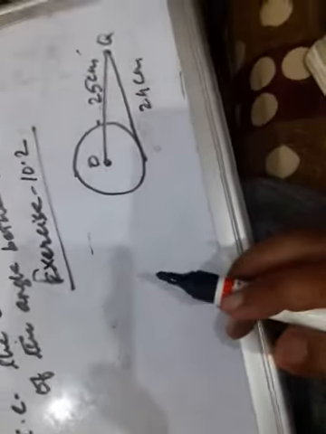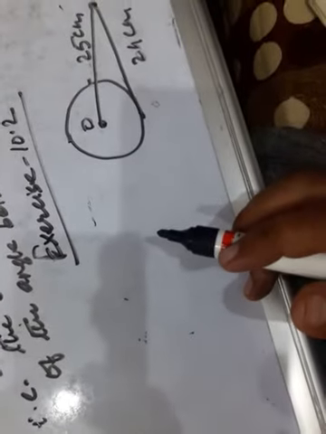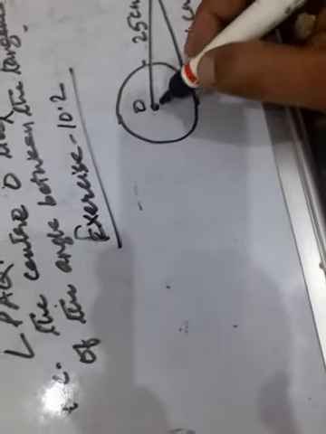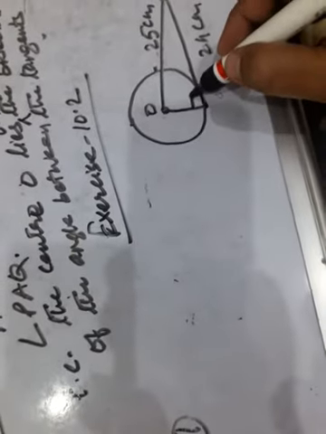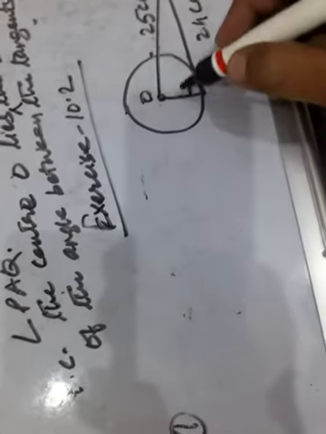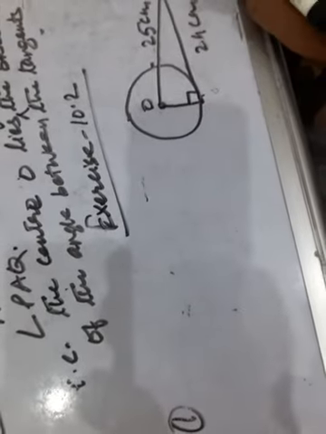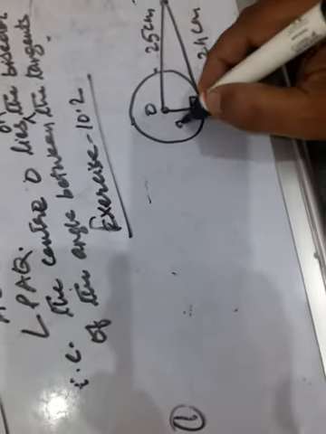Clear? Then the radius of the circle we have to find. Radius of the circle will be this one. And you know that this angle is 90 degrees. This is the radius of the circle, this you have to find. This is the question mark.